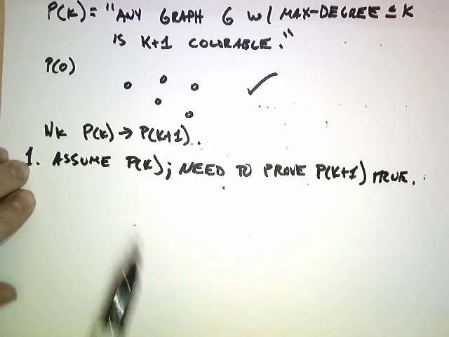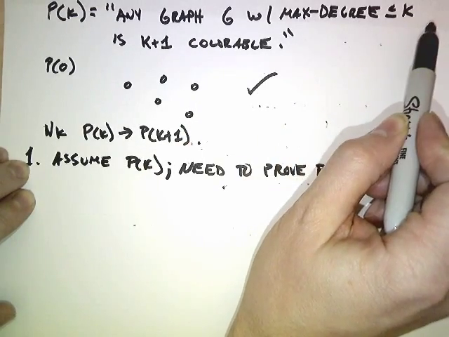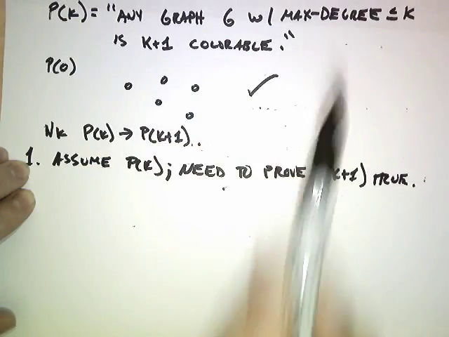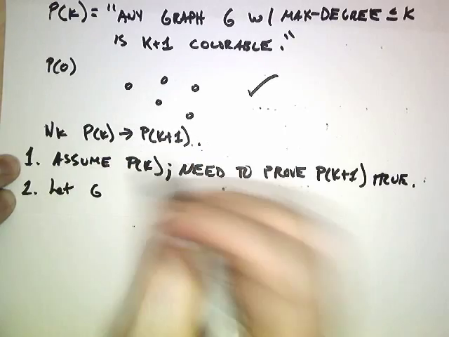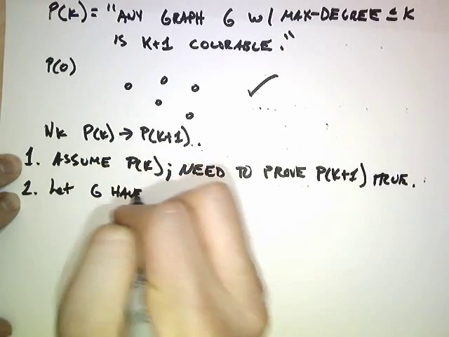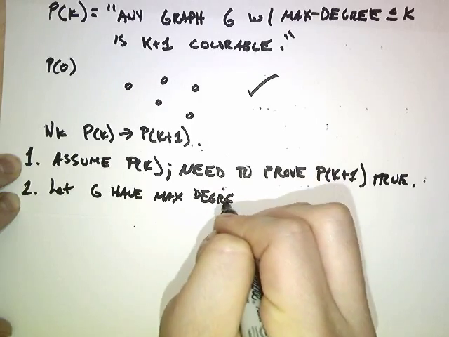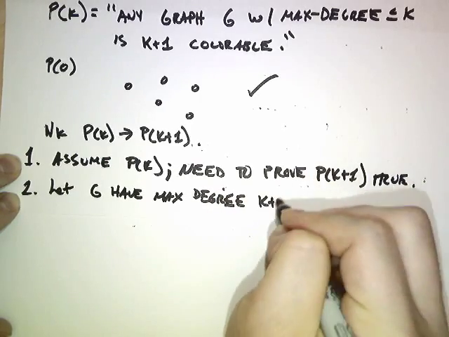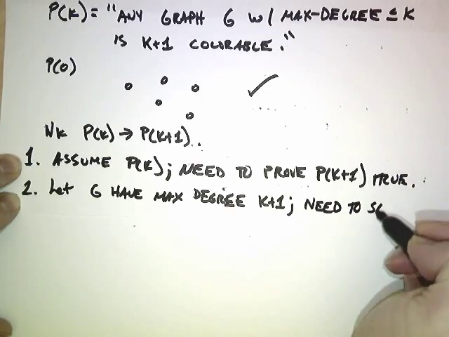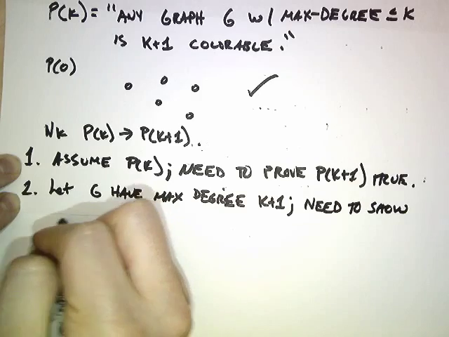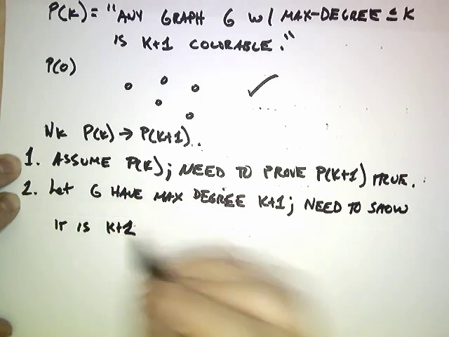So what is P of k plus 1? It says any graph G with max degree less than or equal to k plus 1 is k plus 2 colorable. Okay, so let G have max degree k plus 1, need to show it is k plus 2 colorable.